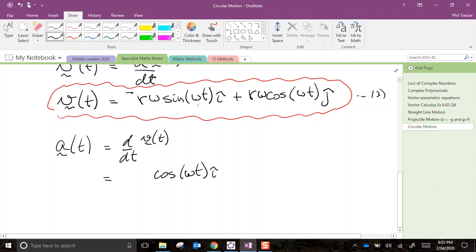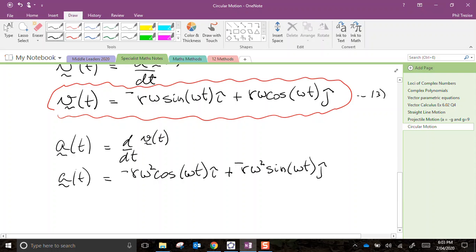The derivative of omega t is omega, so it'll be negative r omega squared using the chain rule. Derivative of cosine is the negative of sine, so I'll have sine omega t by j, and it was negative of this, so it's negative r omega squared. That's our acceleration vector. Now that doesn't look particularly nice to me.